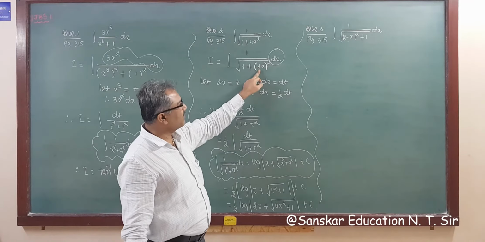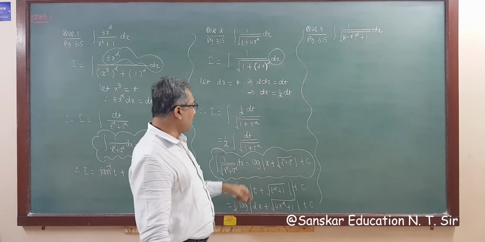So what is your answer? Log mod x is twice x plus under root twice x whole square, that is 4x square plus 1, and the coefficient of x is 2, so divide by 2, you will get your answer half, right? So directly here the answer of this is the same formula 1 upon x square plus a square, but x is this, right?